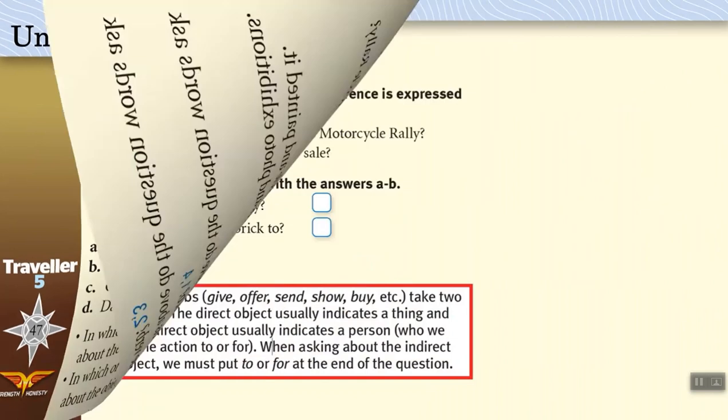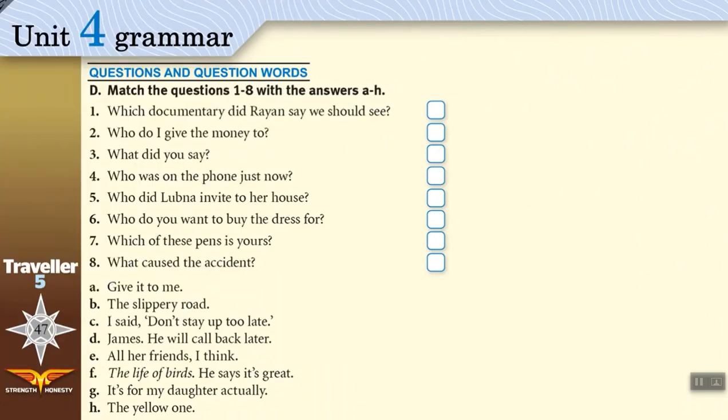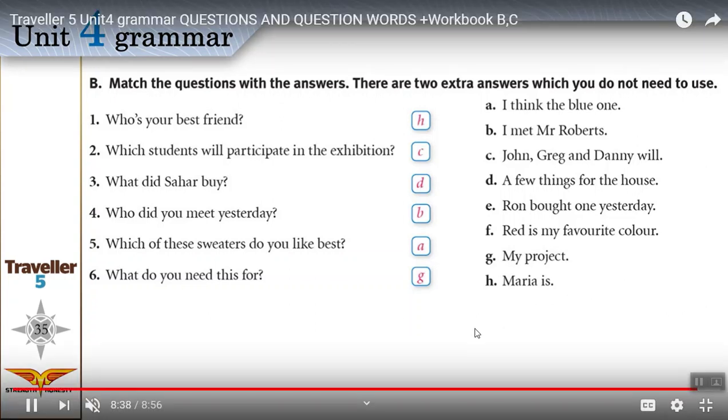Go to page 35 and answer grammar B and C, and then come back to the video and check your answers. Here are all the answers. As I said, it's better not to look at the answers now. Go to your workbook, check your understanding on grammar page 35, and then check your answers at the end.